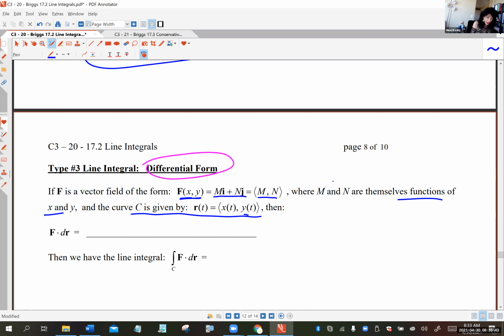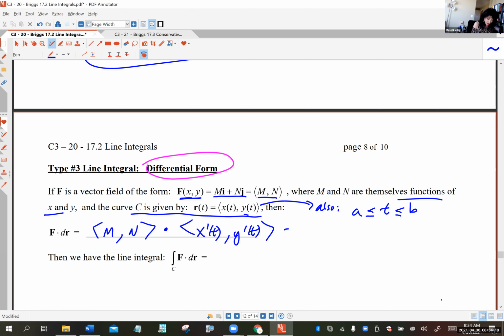And anytime you're doing a line integral, if you're parameterizing, you need to give the range of time, the time interval of the curve you're integrating over. So F dotted with dr, I'm going to do this in slow motion so you can see what's going on. You've got your M and your N, and you're going to dot product that with x prime of t, y prime of t, like this.